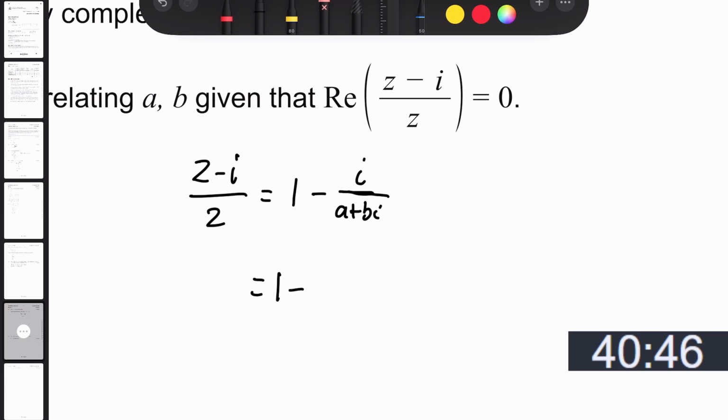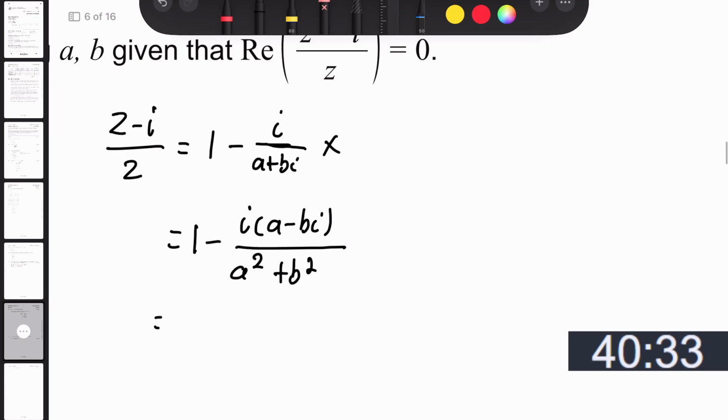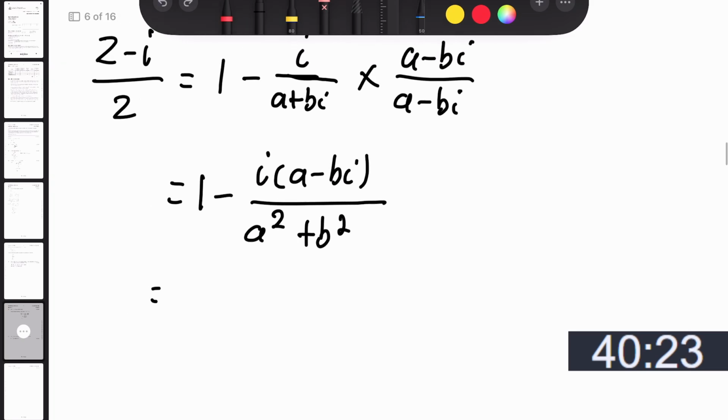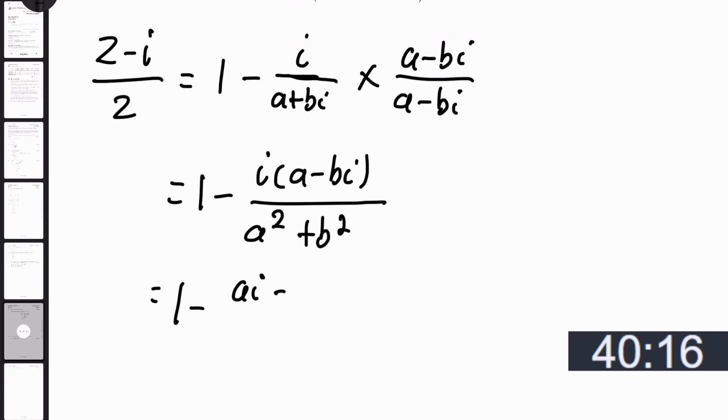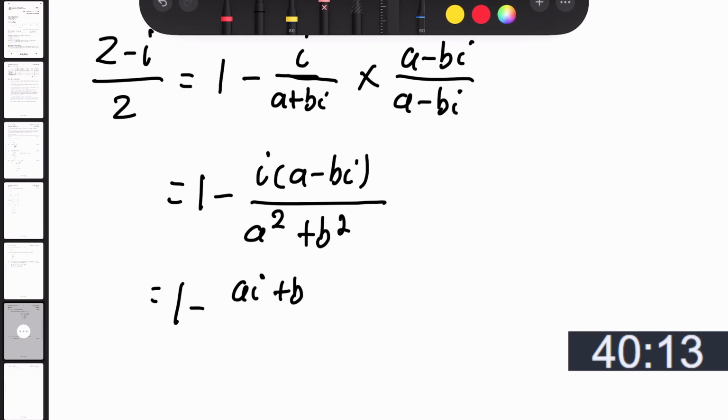So then 1 minus i of a minus bi, all over a squared plus b squared. Then I'm going to multiply this by a minus bi all over a minus bi. That gives me a squared and then negative bi squared, so b squared. So 1 minus ai minus bi squared, so b squared plus b squared, all over a squared plus b squared.